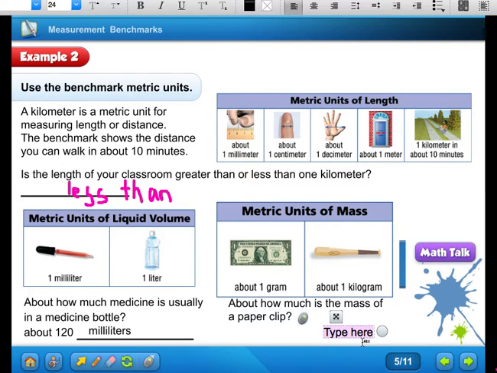Would a paper clip weigh as much as a baseball bat? Or would it weigh as much as a dollar bill? If you said about as much as a dollar bill, it would be correct. So it's about a gram.